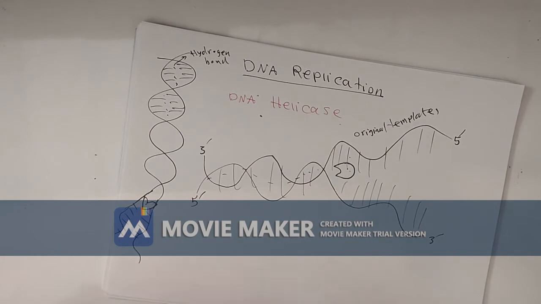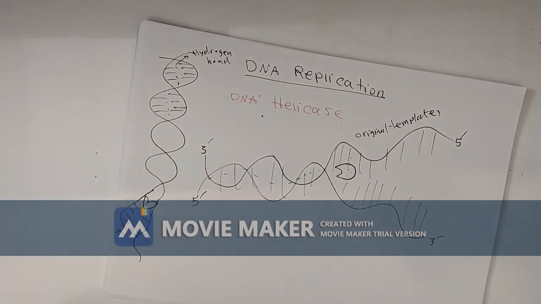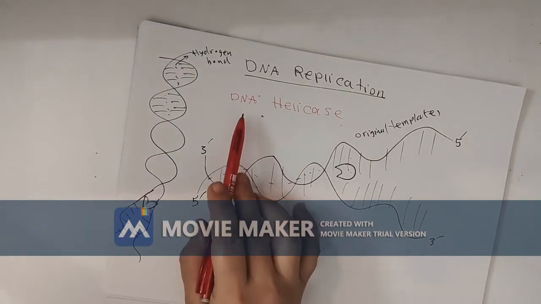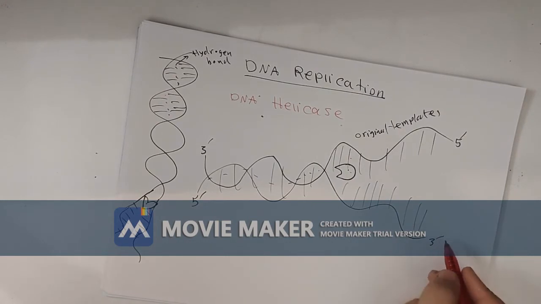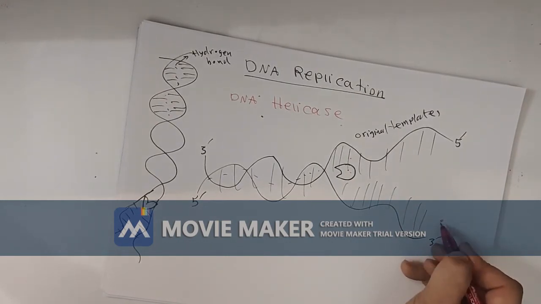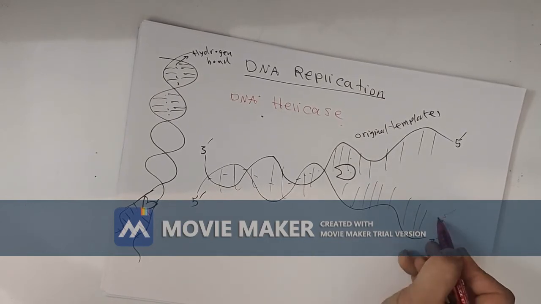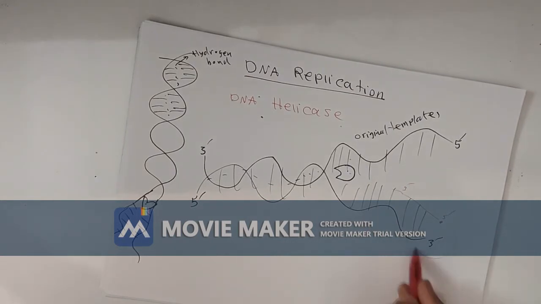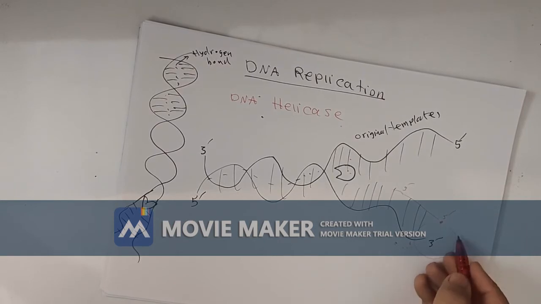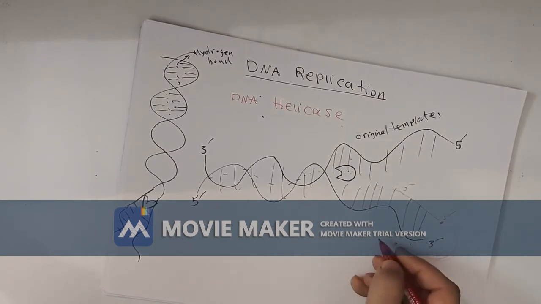You have to know that always the replication happens, we say that DNA helicase opens it up, but the replicated DNA is always made from 5' to 3'. Okay, so it means that the end of the original template which carries 3' and is free, that's where the replication starts from.